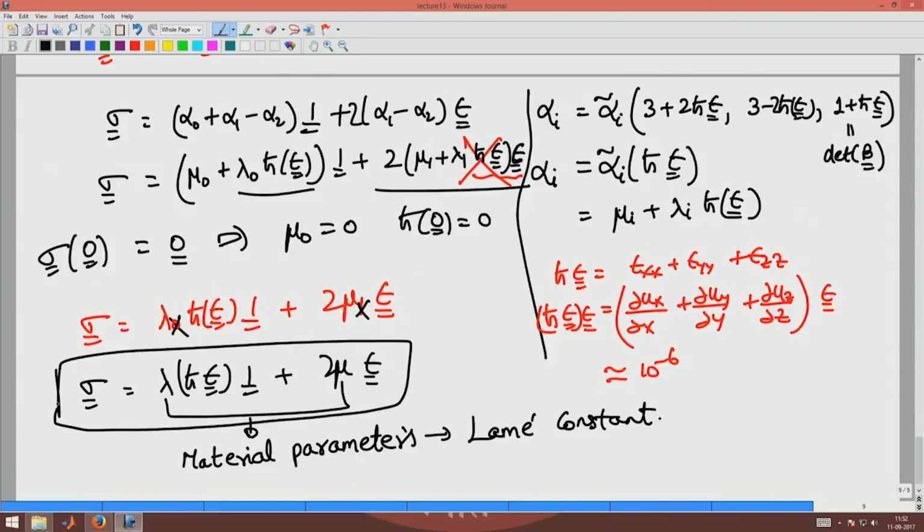Okay. In the next class, we will see how to estimate these material parameters, and then we will dwell more into these constitutive relations. In this lecture we looked at the two remaining equations that we haven't looked at till now, the compatibility condition and the constitutive relations.